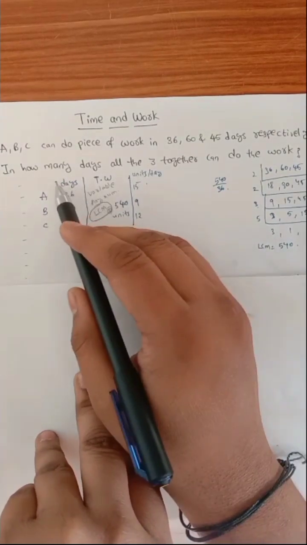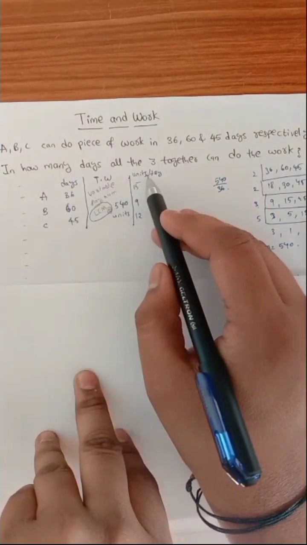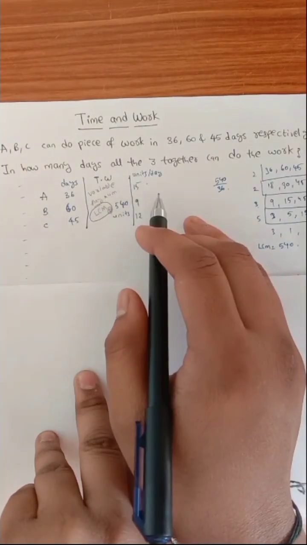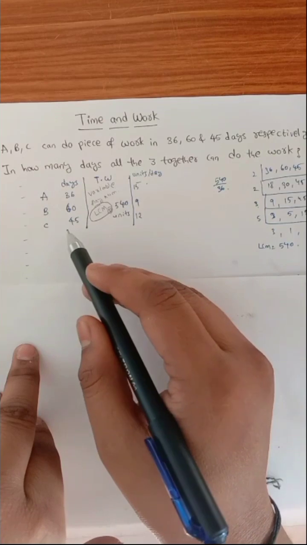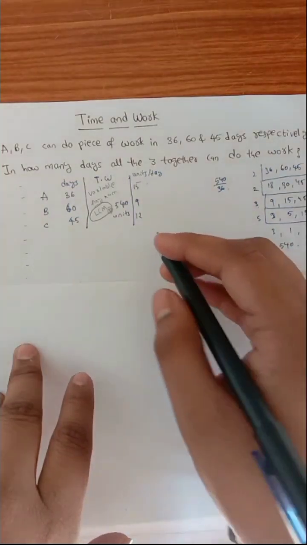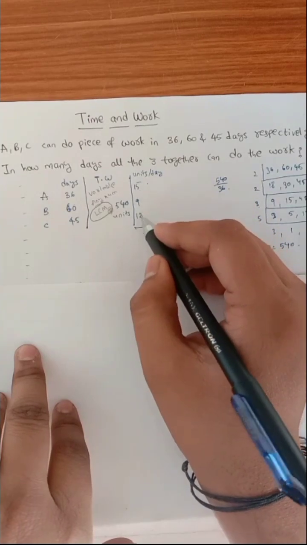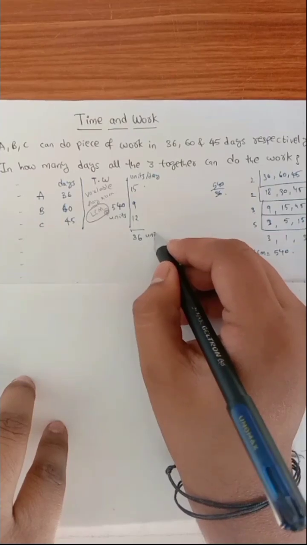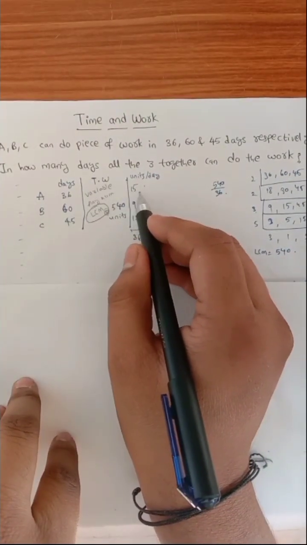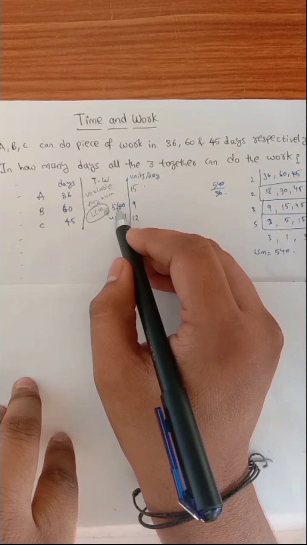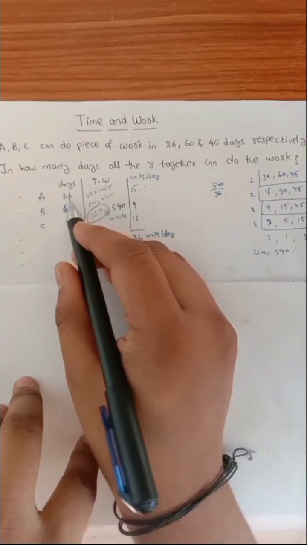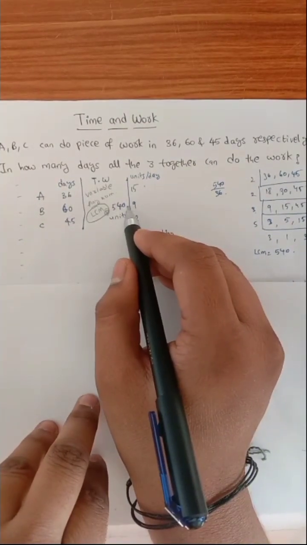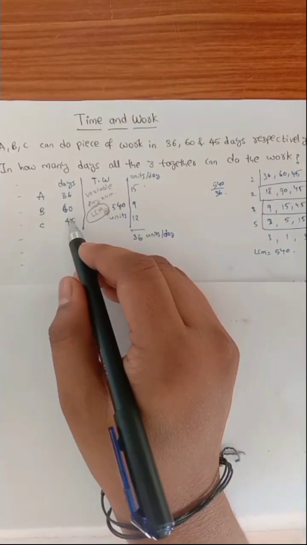The second part: he asked to find, if all together do it, then how many days the total work is going to be completed. Means all together can complete a unit of work like 15 plus 9 plus 12, which is 36 units per day. If you see here, 540 divided by 15 gives 36 days, and 540 divided by 9 gives 60 days.